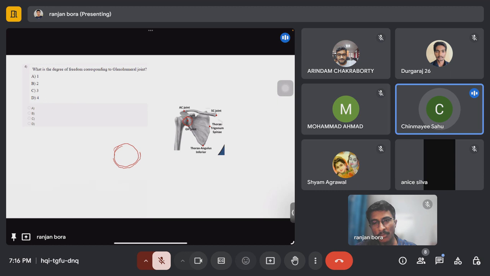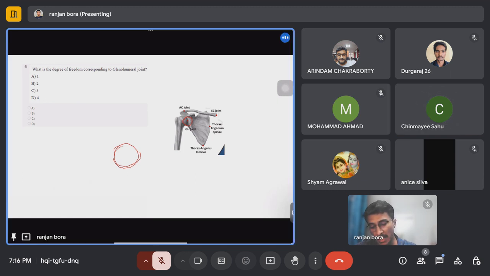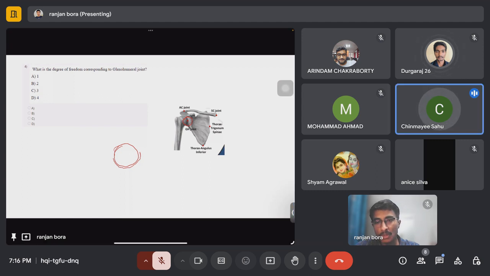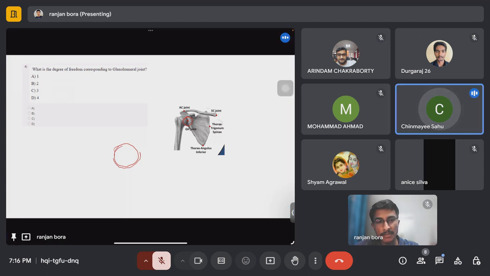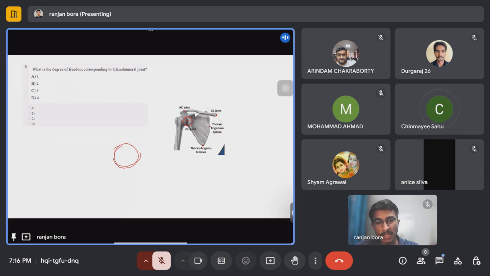It is called a spherical joint. Ball and socket is also the same, but slightly different. The degrees of freedom are the same: in case of a ball and socket joint it is 3, and in case of this spherical joint, it is also 3.